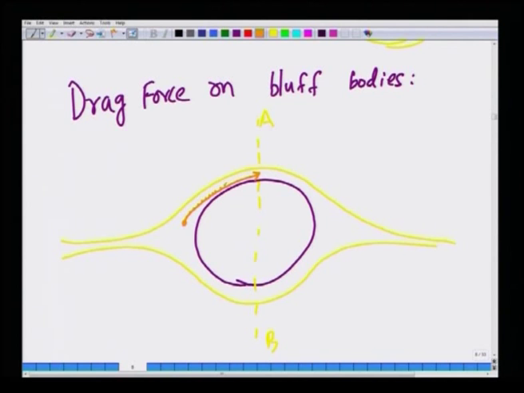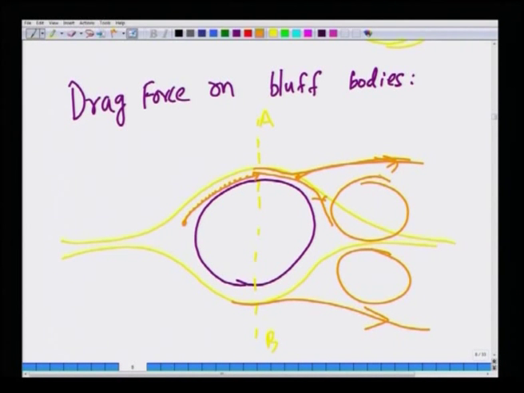The pressure is decreasing as it goes, but when it goes from here to here, it is facing adverse pressure gradient. So, the particle comes to a standstill at some point because of the viscous effects close to the boundary layer, and it gets washed away. The actual flow profile will look like this, and this region of increased circulation is called the wake.